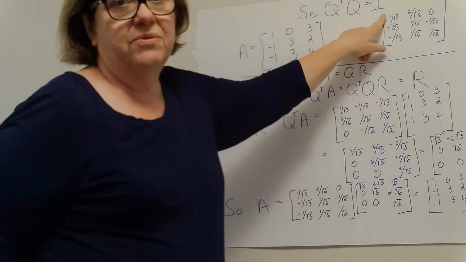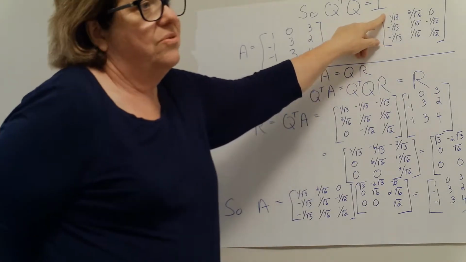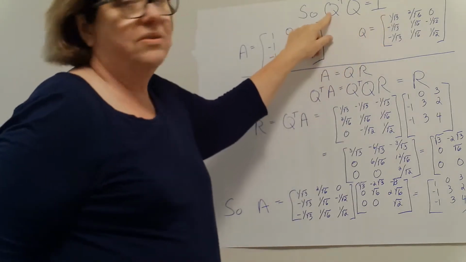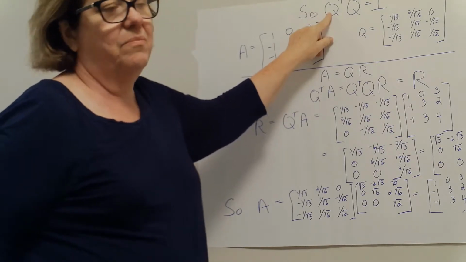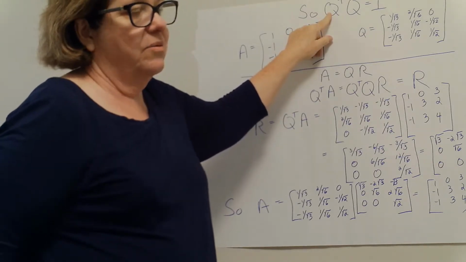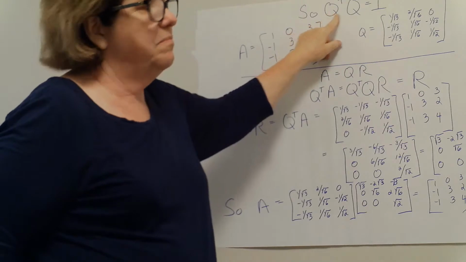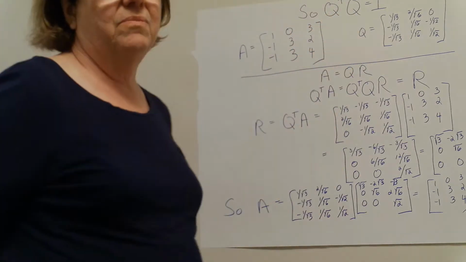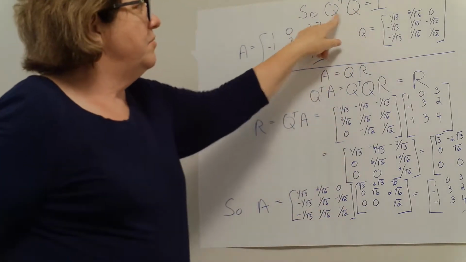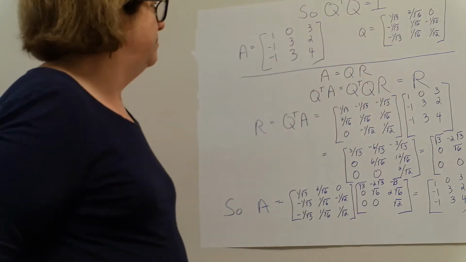So Q transpose Q equals I. This is true for any matrix with orthonormal columns. They could be in R3, R4, or R5, it doesn't matter. Any matrix with orthonormal columns, when you take Q transpose Q, you're going to get I.